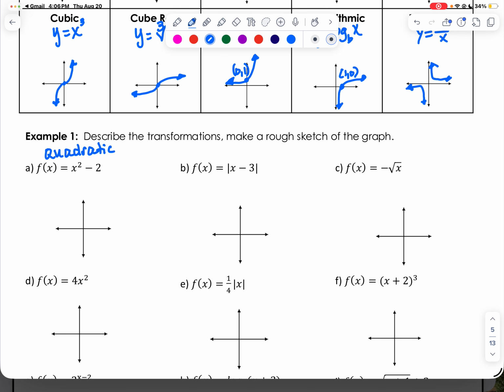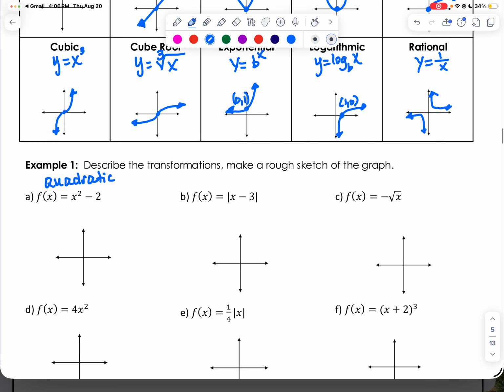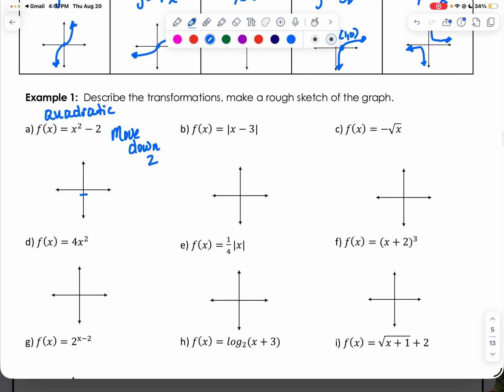So we know we're going to have a U-shaped graph, and this minus 2 would move it down 2. So instead of your vertex being at 0, 0, it's going to be at 0, negative 2, and then just make your U-shaped graph. It's a very, very rough sketch.